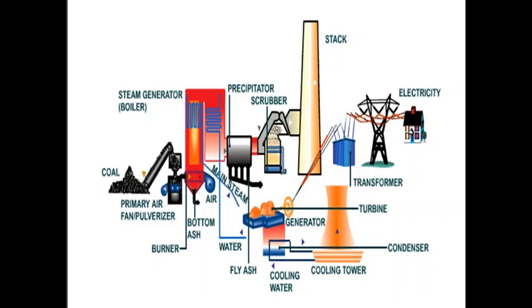Once the steam loses its heat energy, it is condensed back to water in a condenser. The heat energy used in the steam turbine is converted into kinetic energy to produce torque to run the turbo alternator, and when this turbo alternator is running, electricity is generated.